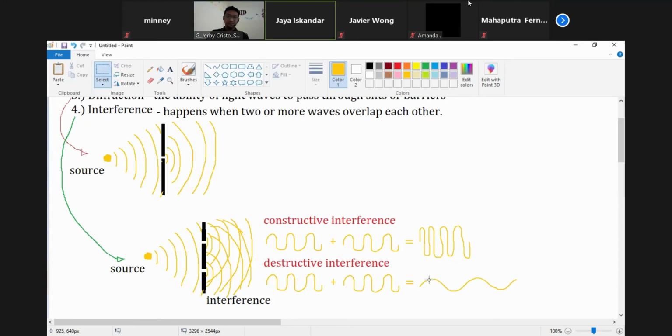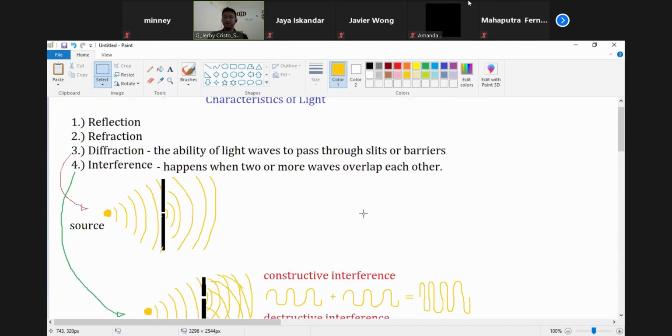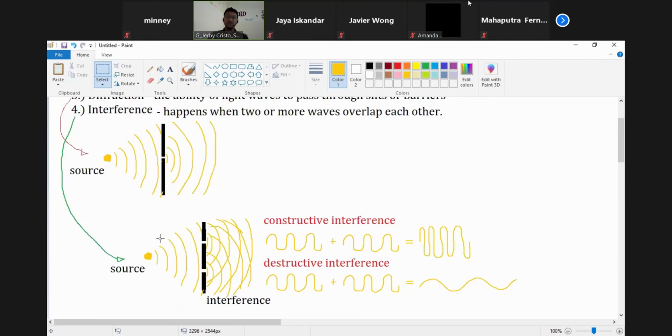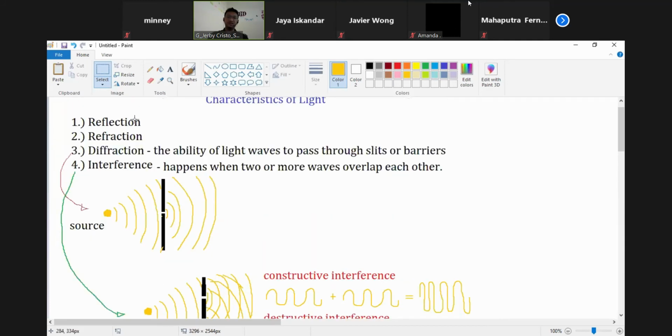Lower, yes. So it's now carrying a lower amount of energy. So from the name itself, destructive. Okay, so these are the two possible things that would happen when waves interfere. So these are all the four characteristics of light, from reflection until interference.